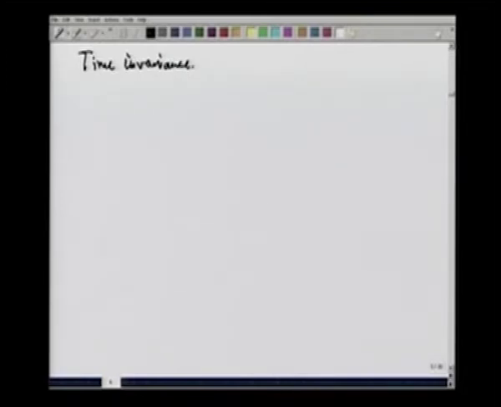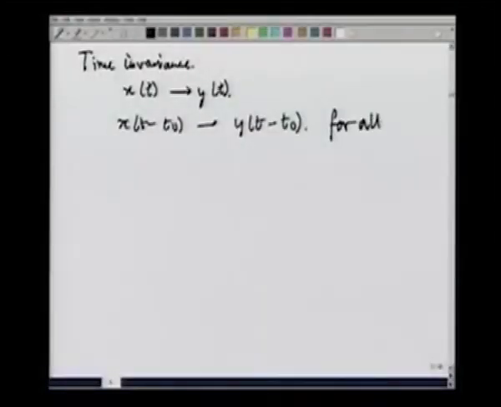What is time invariance? We had said that suppose you know that x(t) yields y(t), then what would you get if you applied x(t minus t naught)? You would simply get y(t minus t naught), and this would be true for all t naught.